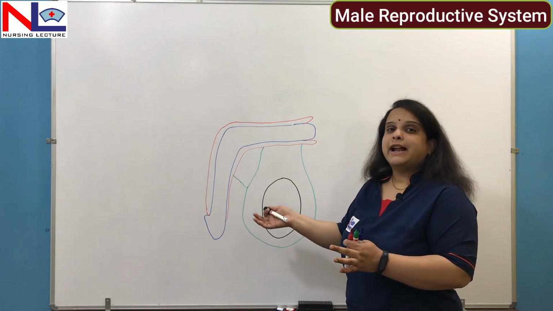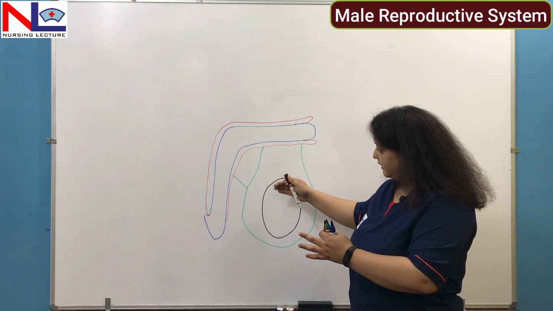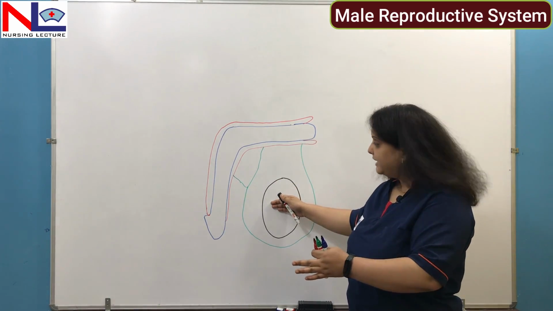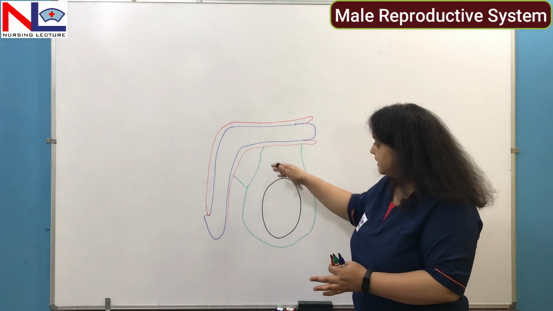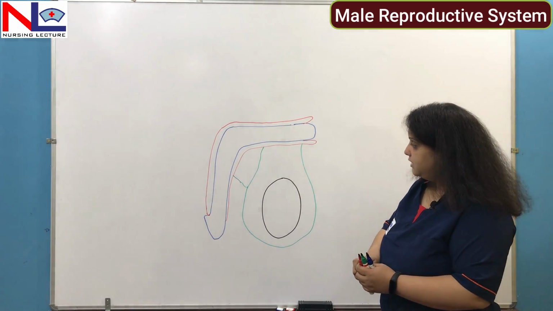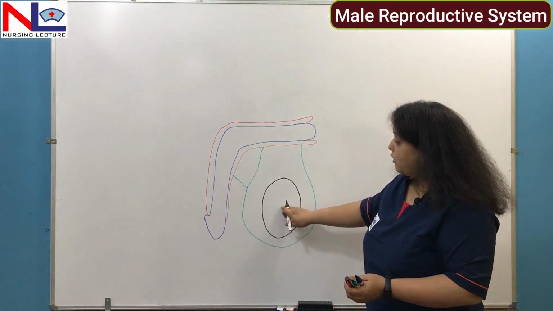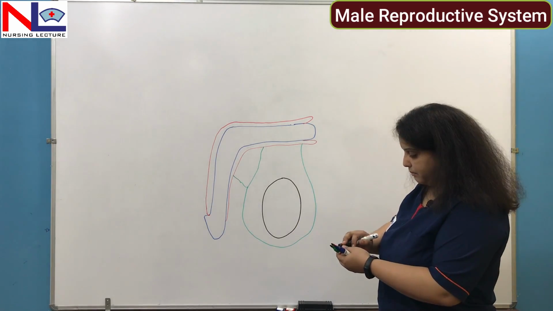So this is only a lateral view. Just imagine I am drawing one side, so you cannot see the other side of the scrotum. Now just mentioning the boundaries.